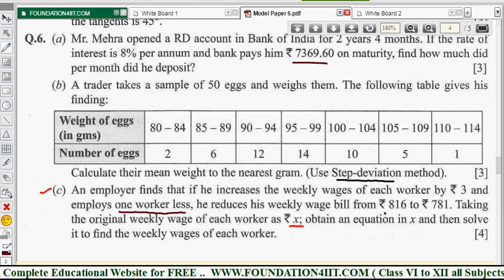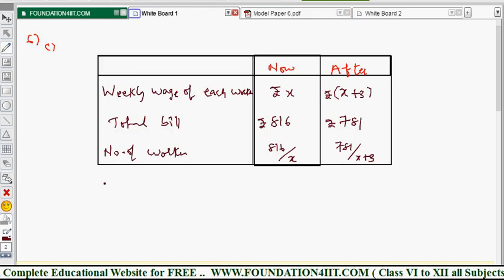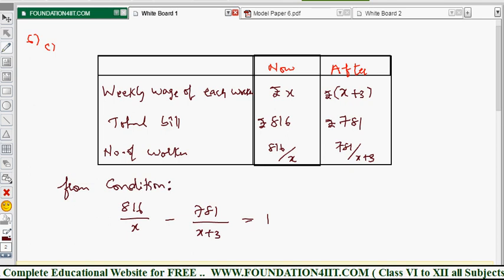This is the second equation. So according to this, 816 by x minus 781 by x plus 3, this difference should be equal to 1. This is from the condition which is given.